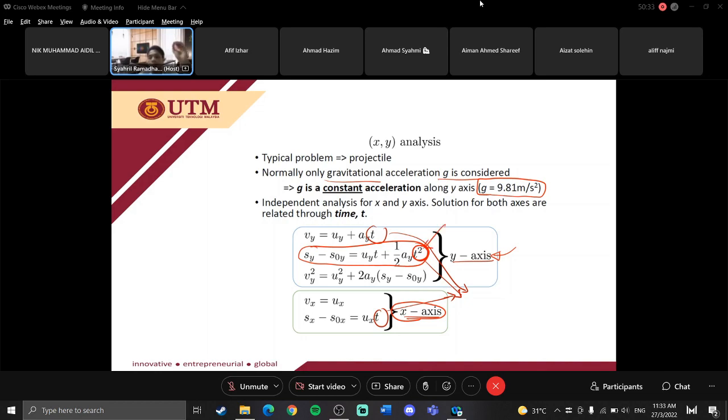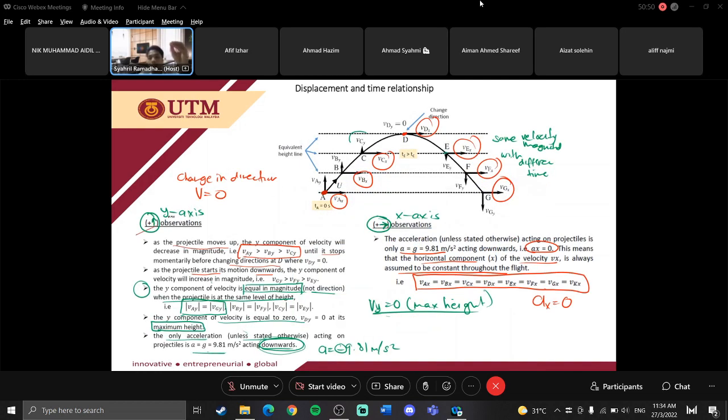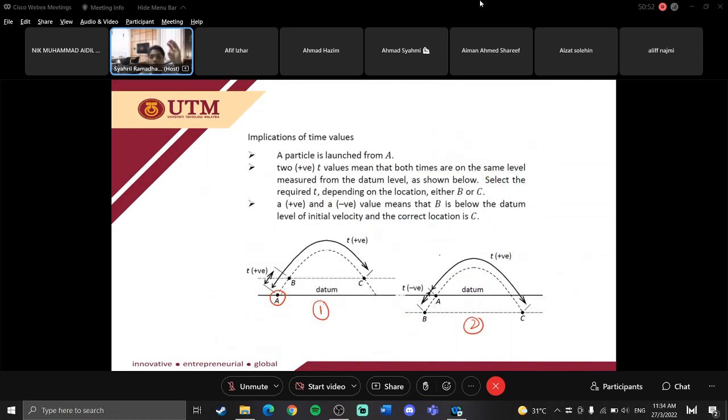So when you want to find the time using this kind of equation, you will get t1 and t2, due to the quadratic equation. The implication from that equation is that there are two possibilities. You will get both times positive, or you will get one positive and one negative. So the implication is here.